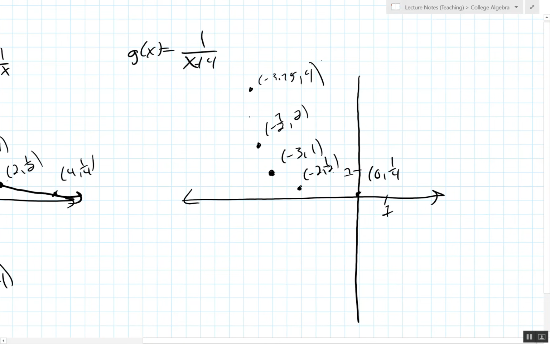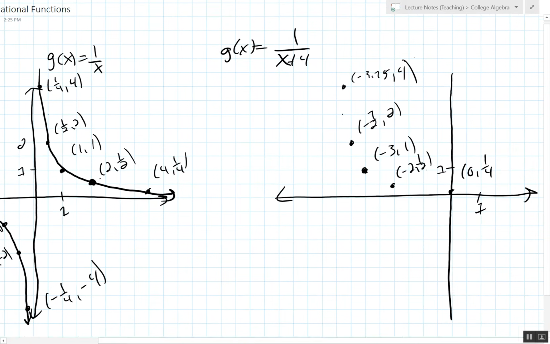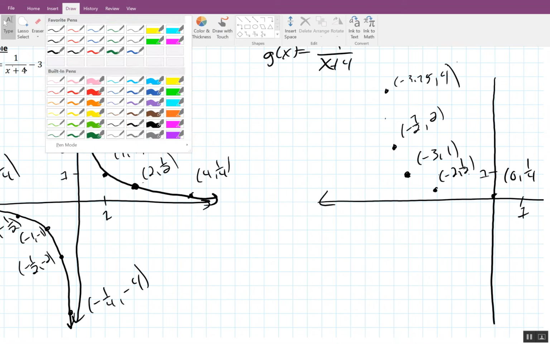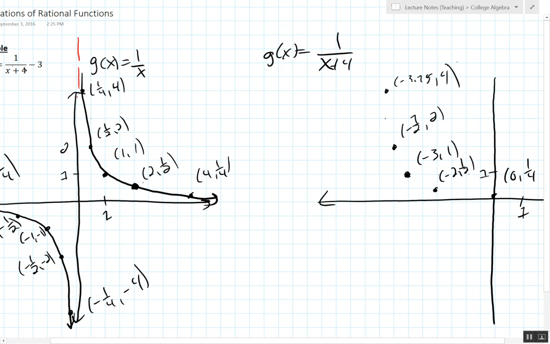And then we get the corresponding points on the other side. And notice that one thing that happens here as well is that the vertical asymptote here got shifted over by 4 as well. So here it was at x equals 0, here we're at x equals -4.